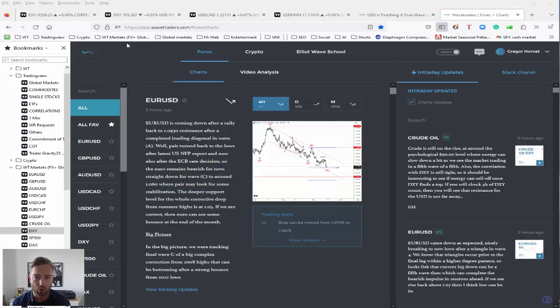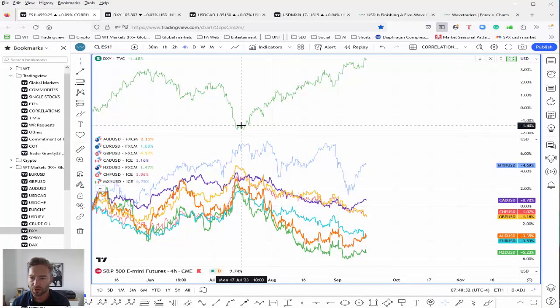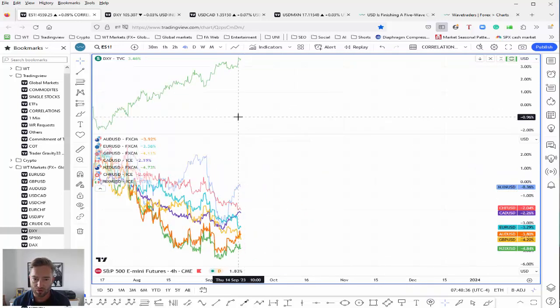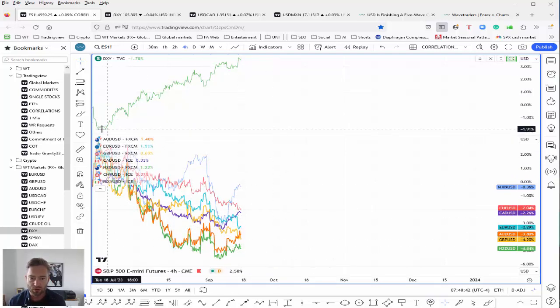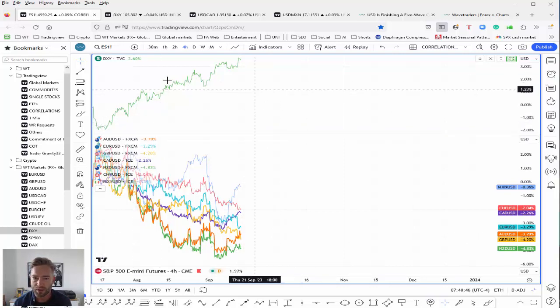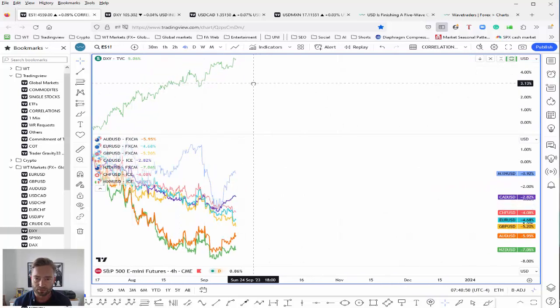So before we go to some of the charts, I want to bring your attention to this overlay chart where I compare dollar index with some major currency pairs. And notice the dollar index so far from summer lows, I think it's been up around 5% or so, if not even more.